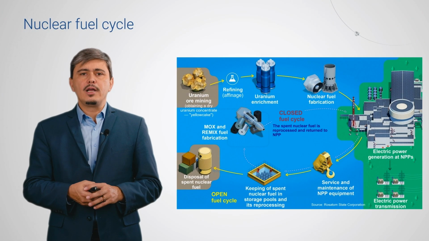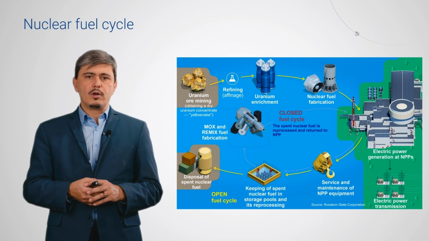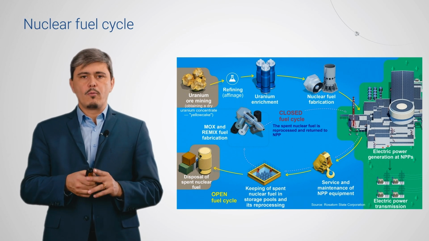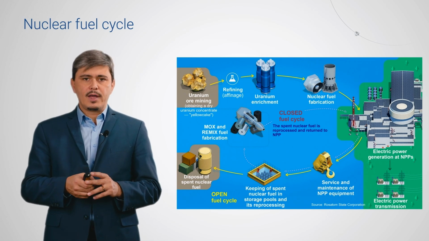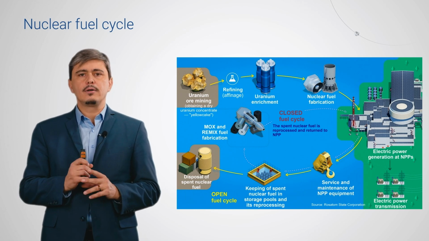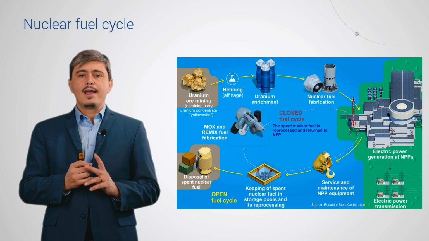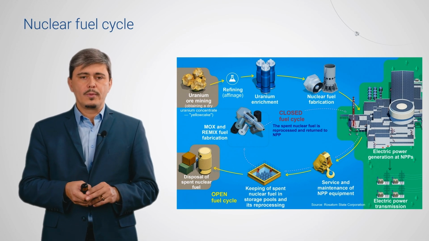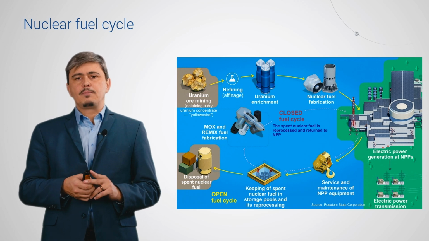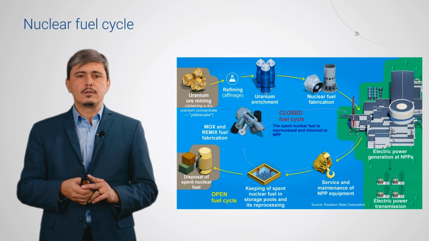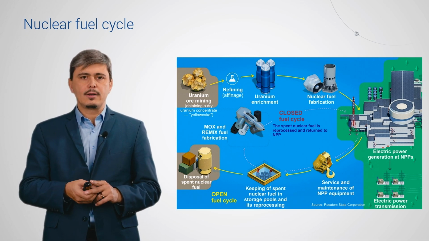On this slide, really, you see all stages of nuclear fuel cycle collected all together. From the first one, from mining, and then after all discussed, like refining, enrichment, operation, to keeping of this fuel in the storage pool. But for this picture, there are two ways of closing or termination of this cycle.